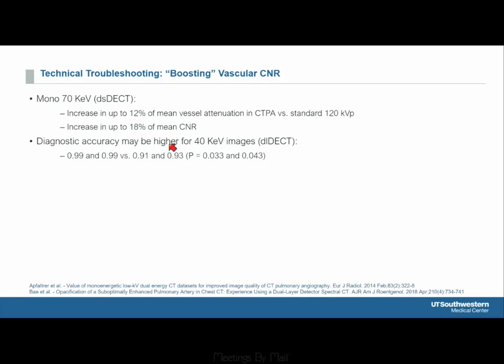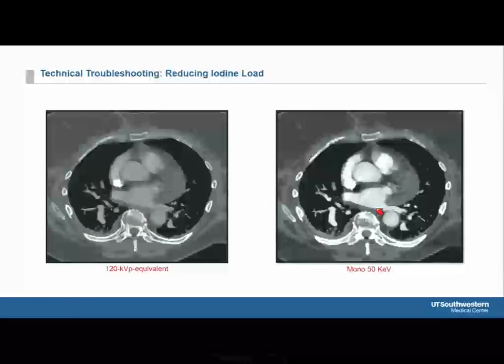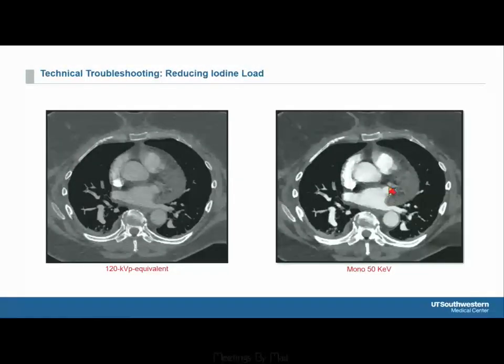And a more recent study with the dual layer, dual energy CTs showed an increase in the accuracy for PE diagnosis, with two readers reviewing the images, and a statistically significant increase from 91 and 93% accuracy to 99% accuracy. So we can even increase your diagnostic accuracy by reviewing the lower keV images on PE studies.